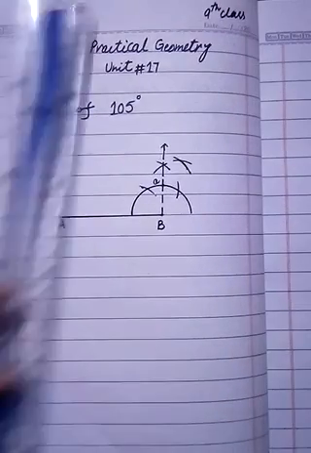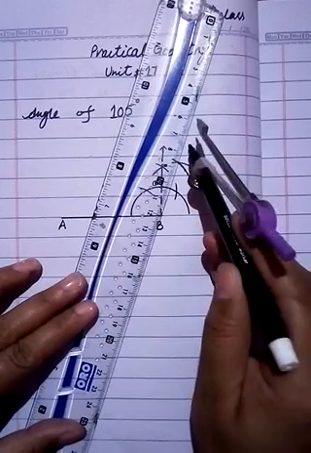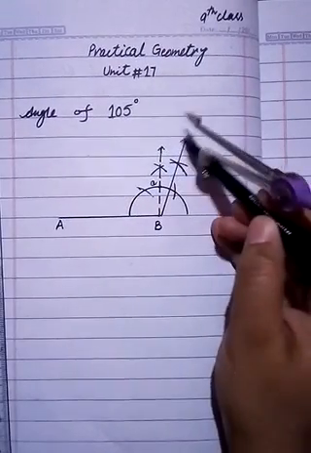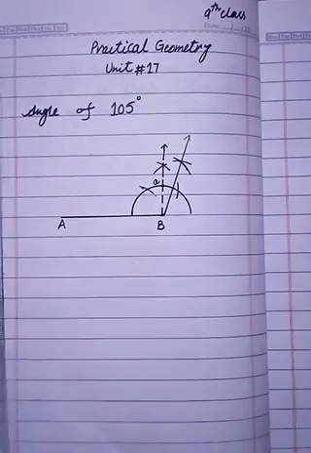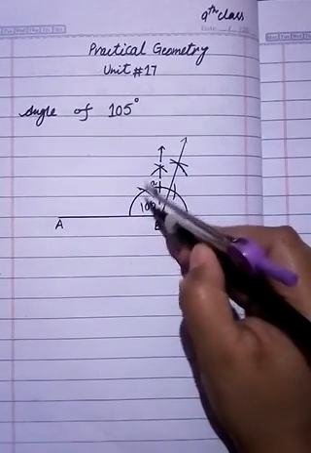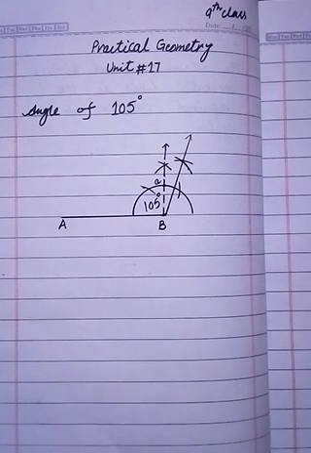Now, you have to join with B point. That is the angle of 105 degree. Now, you can write here 105 degree. Next, we will learn the angle of 75 degree.